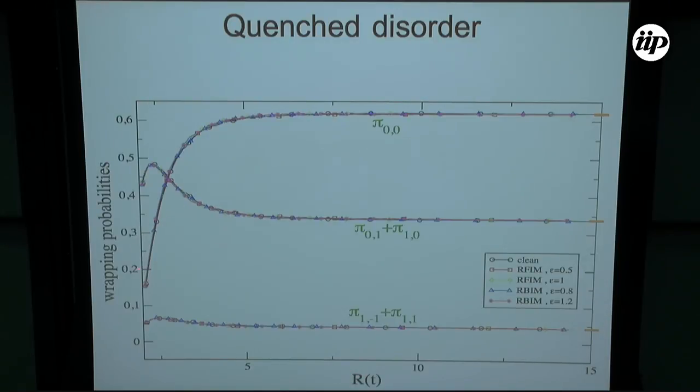So for instance, this is the probability of spanning in both directions. And you see that the black symbols are the pure system, and all the other symbols are systems with different kinds of disorder, either random bond or random field of different magnitude. And the same is true also for the spanning horizontal or vertical, and the same is true for the diagonal spanning.